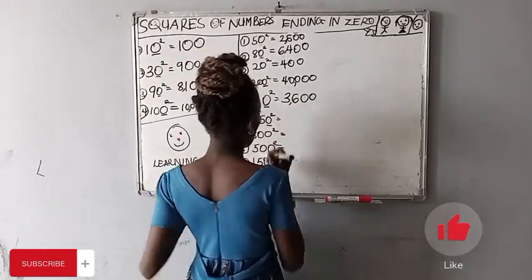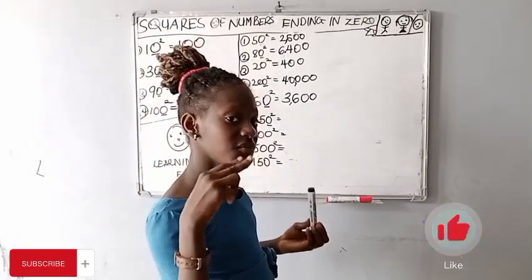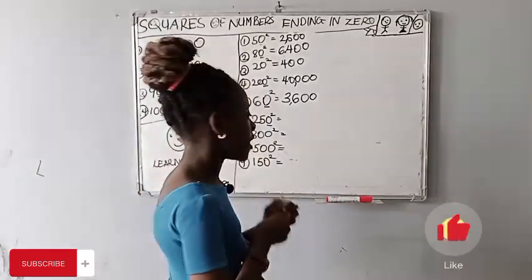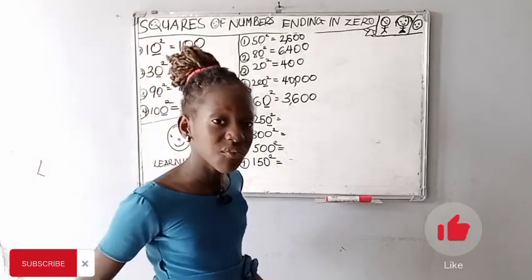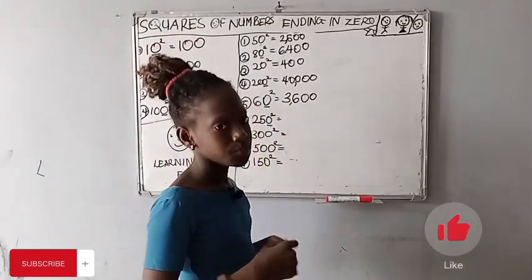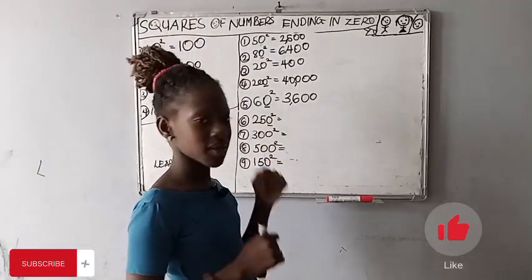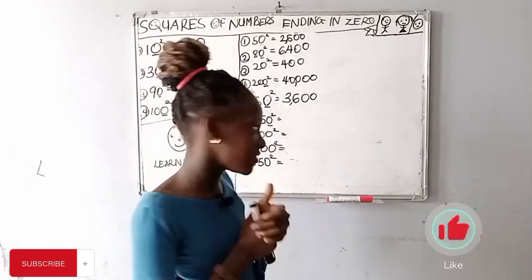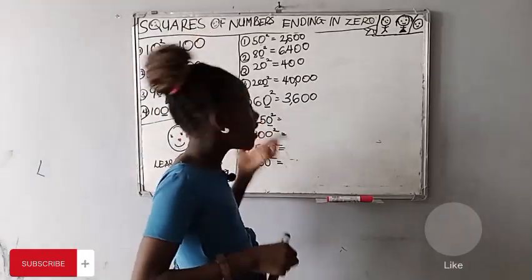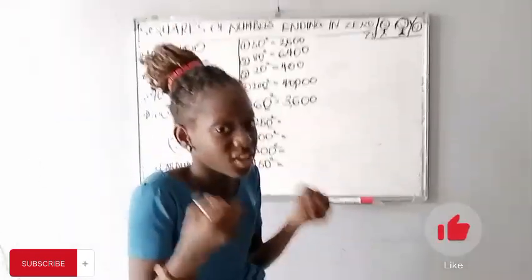Next one. You must be careful here because this involves two techniques: the technique for zero and the technique for squaring numbers ending in 5. When I mark out my zero, I come to realize that there's a 25 here, and there's a particular technique for solving squares of numbers ending in 5.